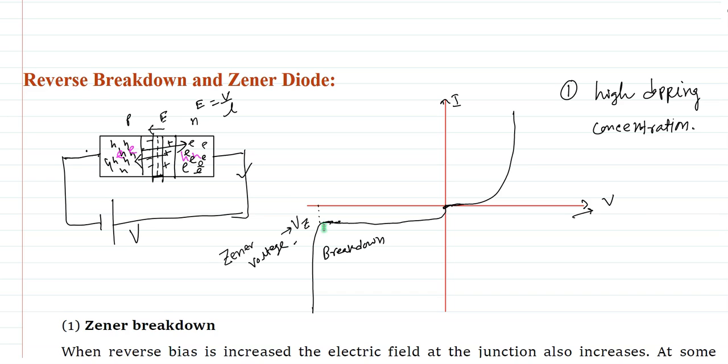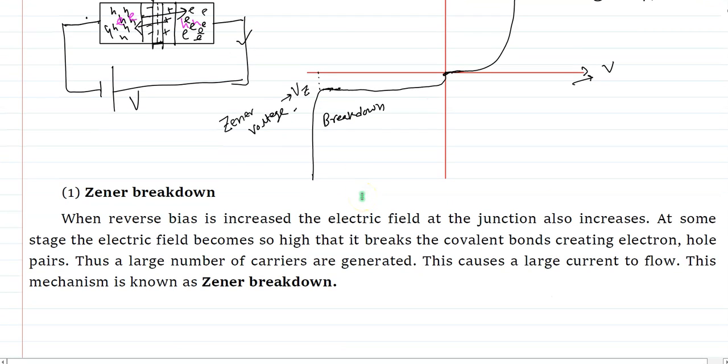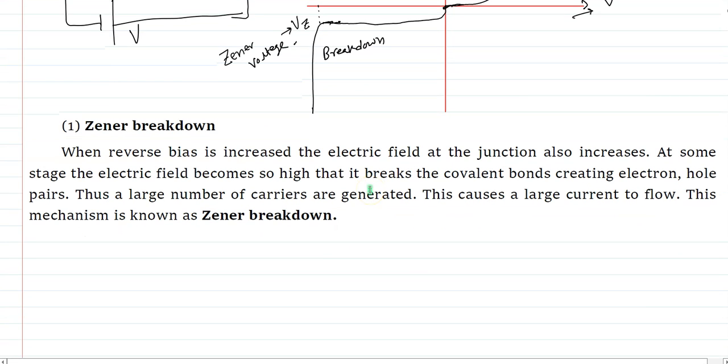Okay, at a particular voltage a breakdown will occur. We get 3 volt, 5 volt, or 4.7 volt, 5.6 volt, 11 volt, like that, Zener breakdown voltages. That means at this voltage the diode will break down and produce a large amount of current, meaning it acts as a conductor. Above this voltage it acts as a conductor, and below this voltage it acts as an insulator.